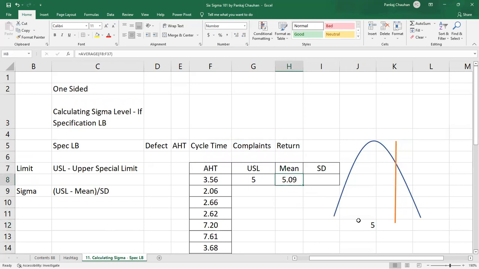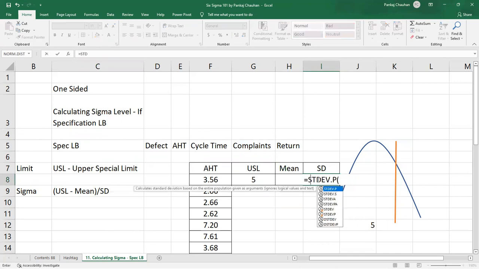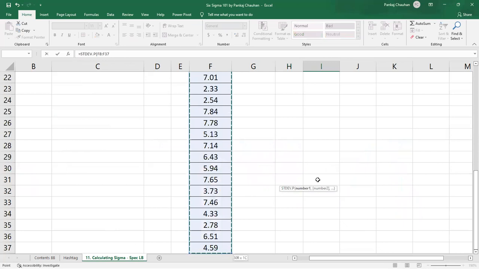Here the average is greater than the target when lower is better, so this value is crossing the 5. This means I have less than 50% yield here. Let's calculate, in terms of standard deviation, as in variation.